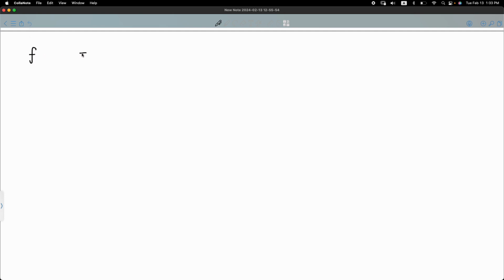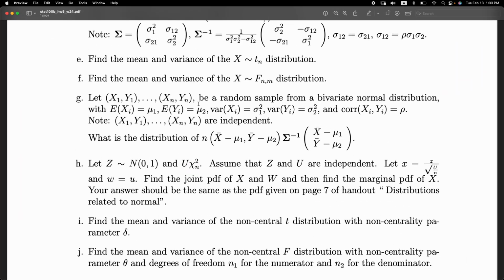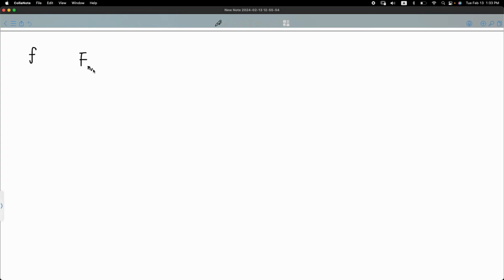In question F, we have our F distribution following n and m. We want the expectation of this and the variance of this random variable.